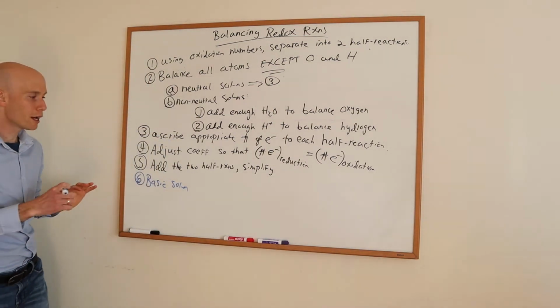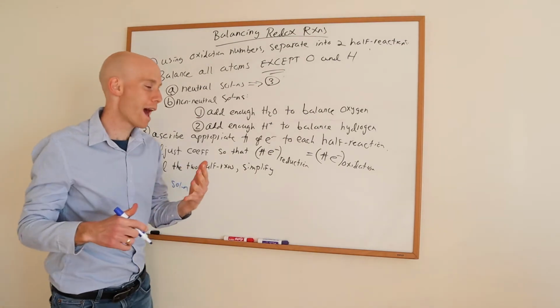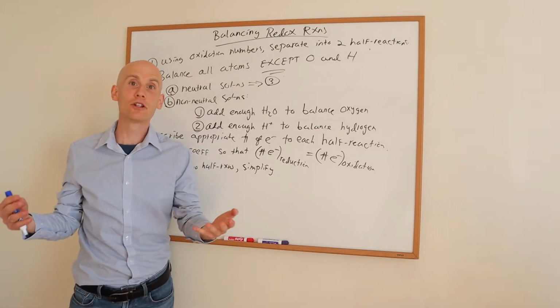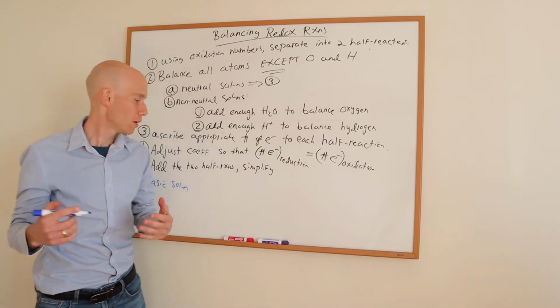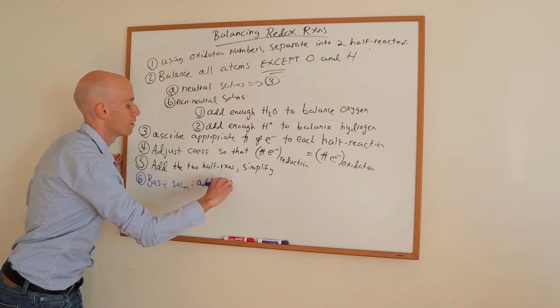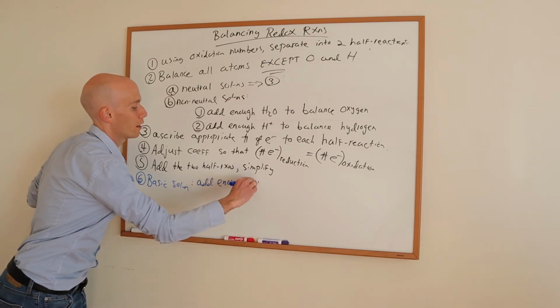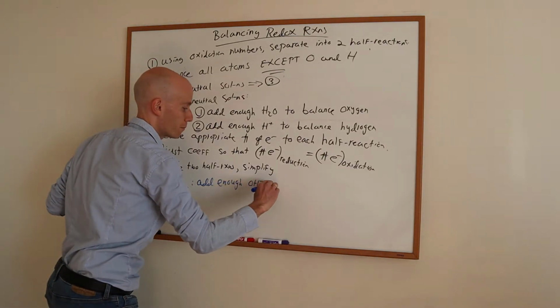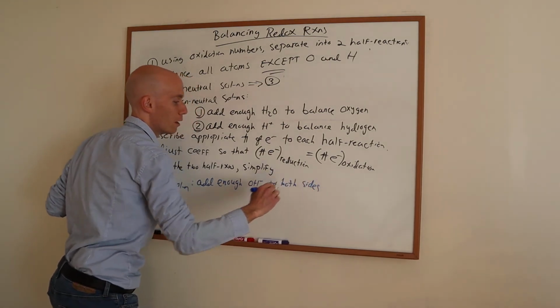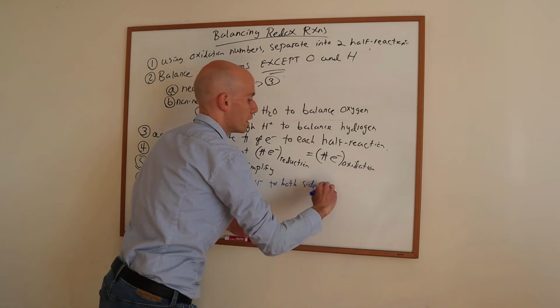And so what you're going to do here is add enough hydroxide ions to both sides of the equation to offset H+. Okay? So add enough hydroxides to both sides of the equation to offset H+.